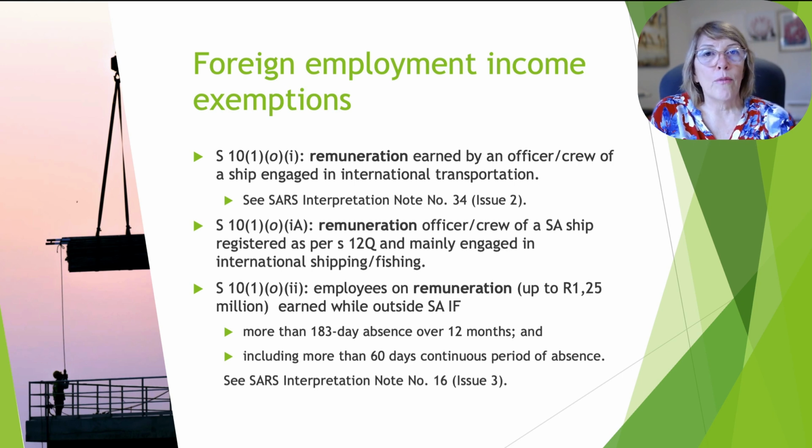So that can give some relief. It might be that you earn more than that 1.25 million, or maybe you don't qualify for this exemption. Then that remuneration is taxed in both the UK and South Africa, and then you'd have to look at the section 6quat rebate and see to what extent you get some relief for the foreign tax that is paid on that income, which is also taxed in South Africa.